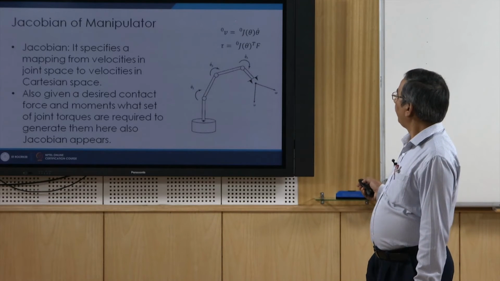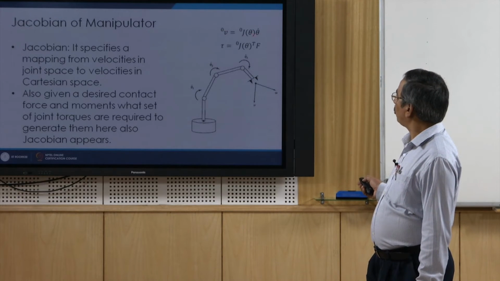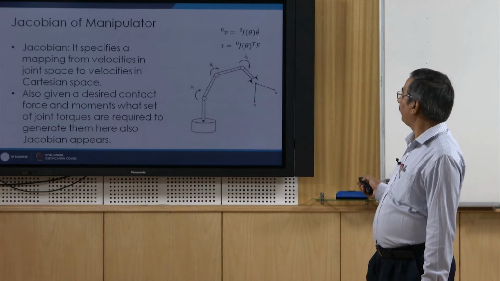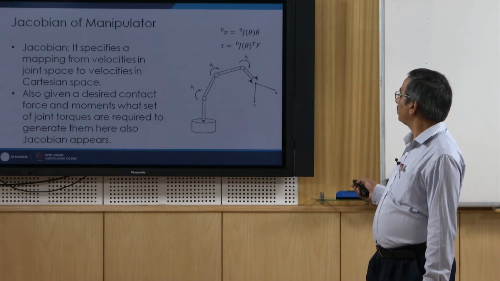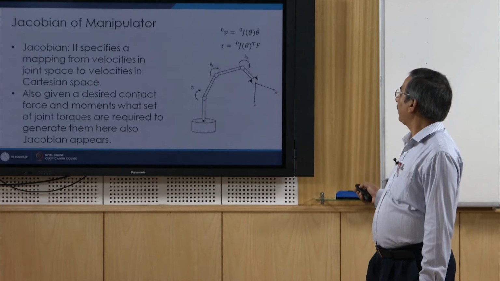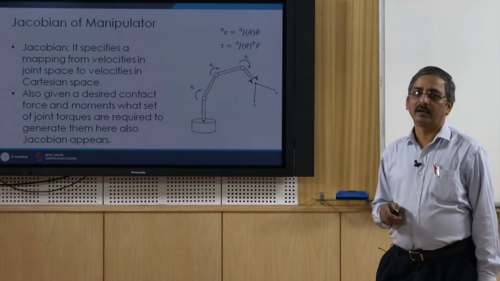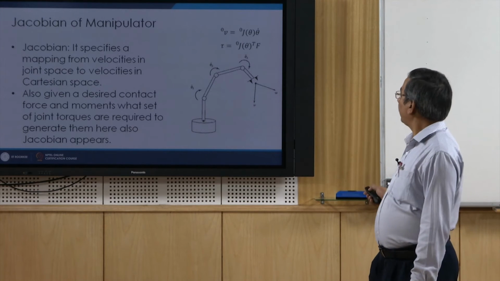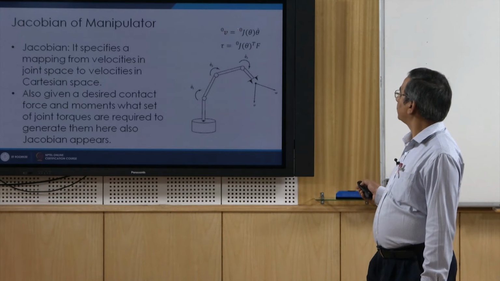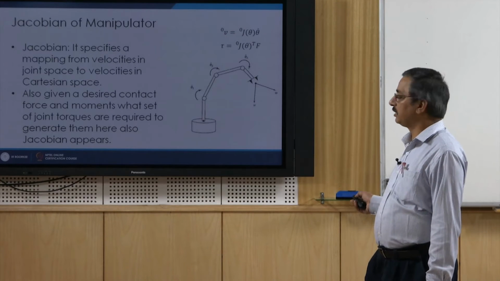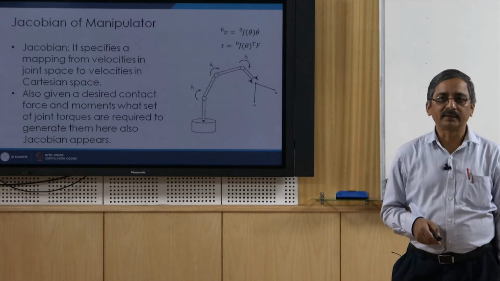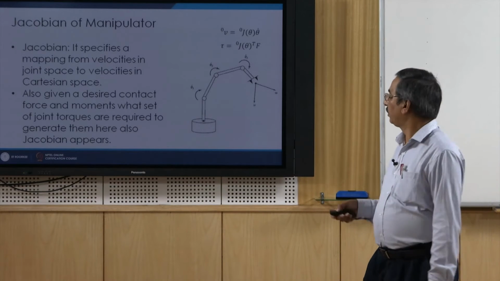So, here is the mapping between the joint velocity vector theta dot and the Cartesian velocity vector. This is where the Jacobian comes into the picture. Here the 0 basically means that these are specified with respect to the 0th frame, which is nothing but the base frame which I have talked to you about.